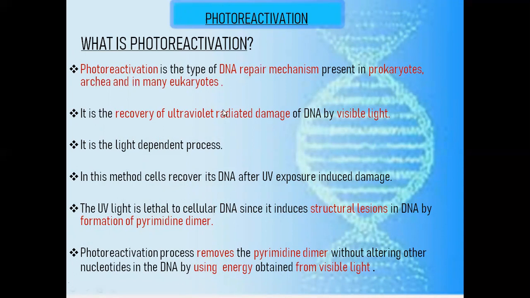UV light is lethal to cellular DNA since it induces structural lesions in the DNA by the formation of pyrimidine dimers. So what is a pyrimidine dimer? I'll tell in future. The photoreactivation process removes these pyrimidine dimers without altering the nucleotides in the DNA by using energy obtained from the visible light.